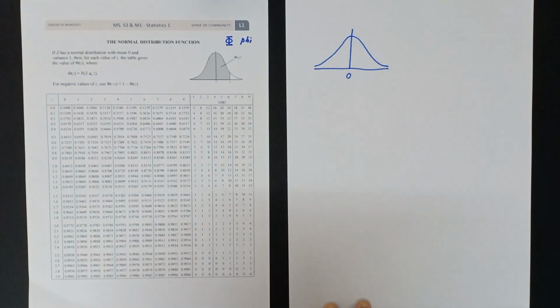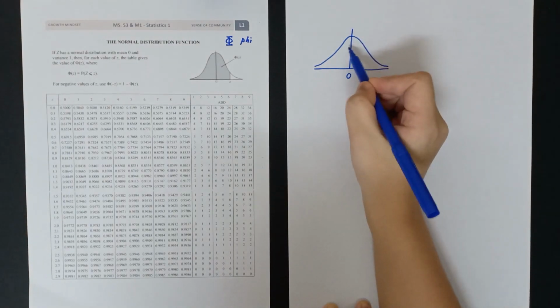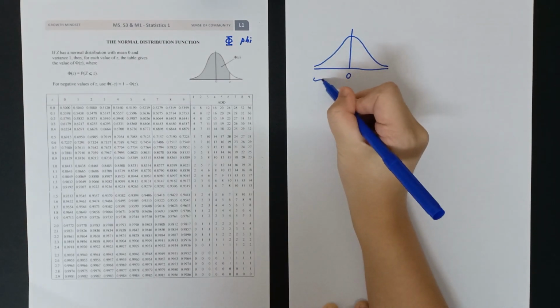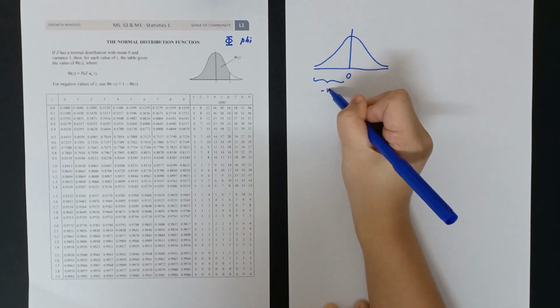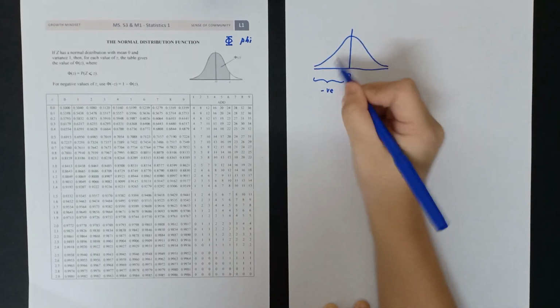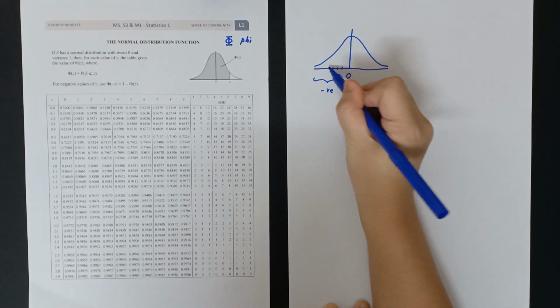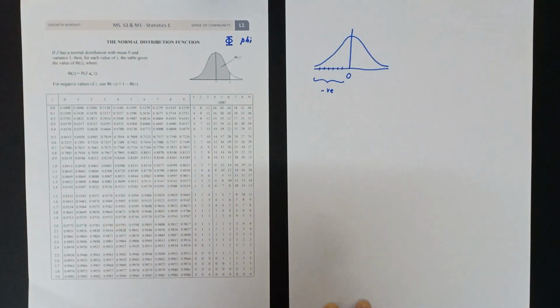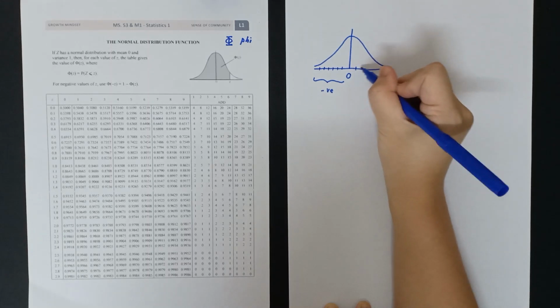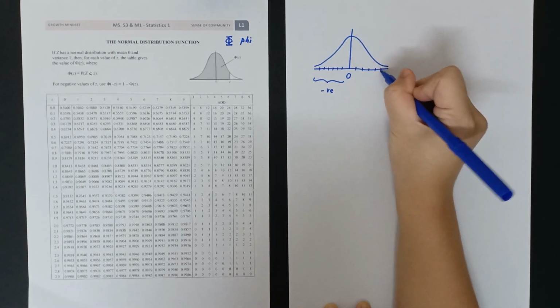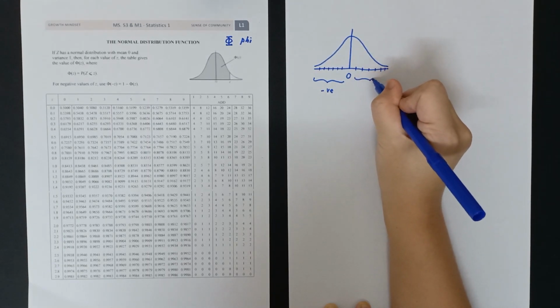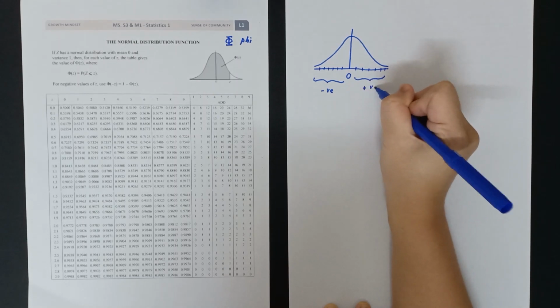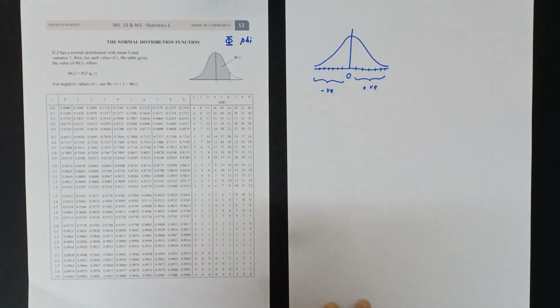If I'm going to label a negative number, where will I be labeling? I'll be labeling on my left hand side, meaning all these values will be negative. Correct? So what I label here is definitely going to be negative because it's on the left hand side of my 0. Everything that I label on my right hand side is going to be a positive number because it's on the right hand side of my 0.